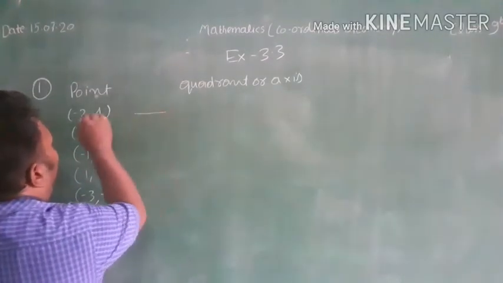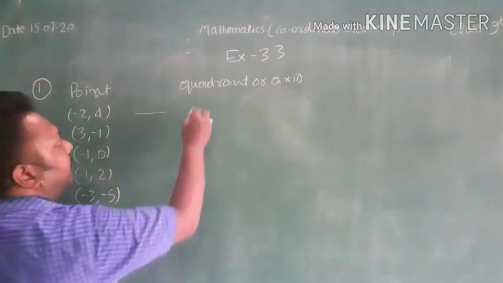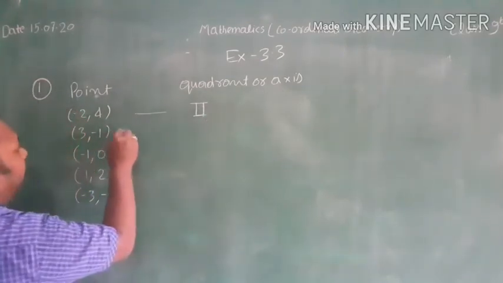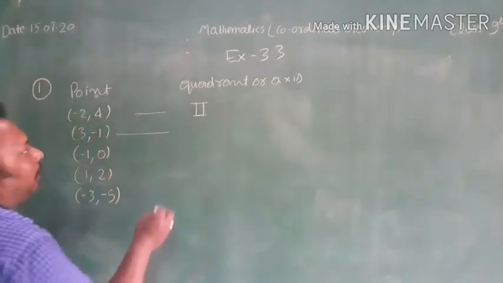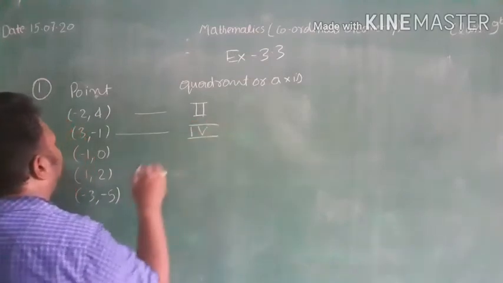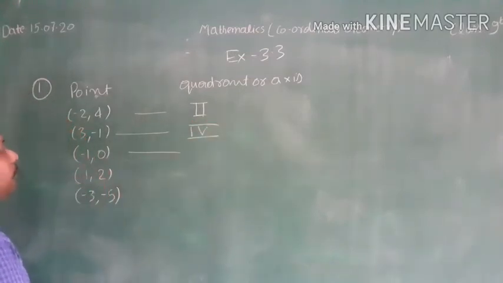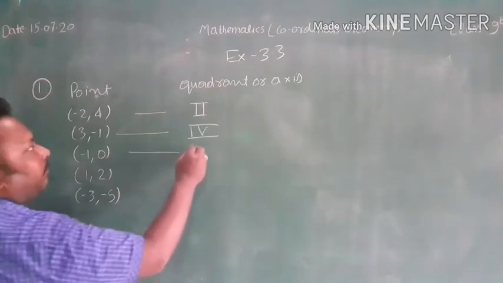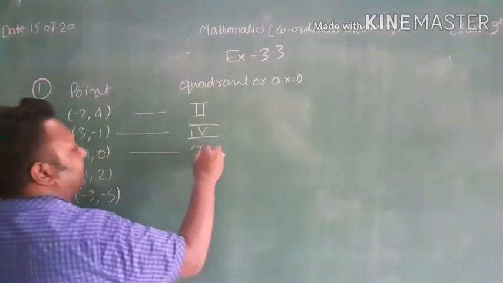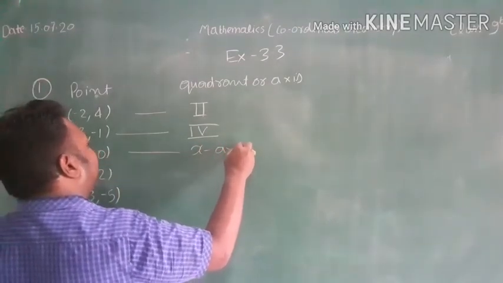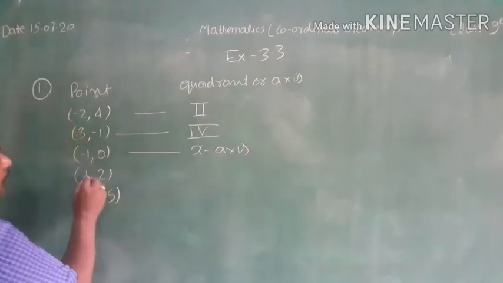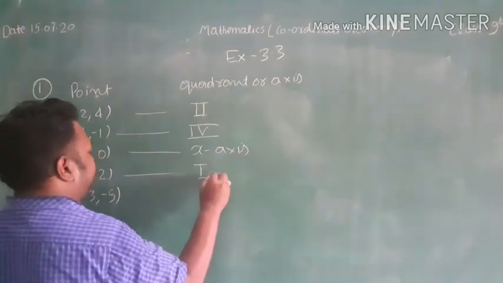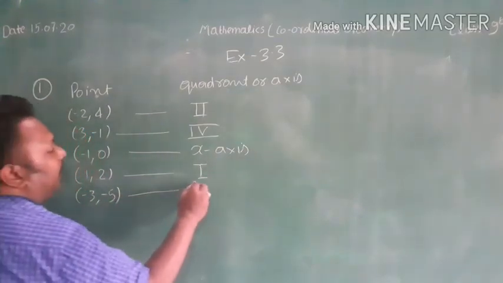The quadrant of the first point is the second quadrant. The quadrant of the next is the fourth quadrant. The next lies on the x-axis. (1, 2) is first, (-3, -5) is third.